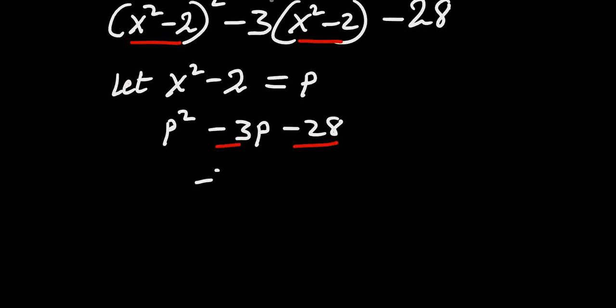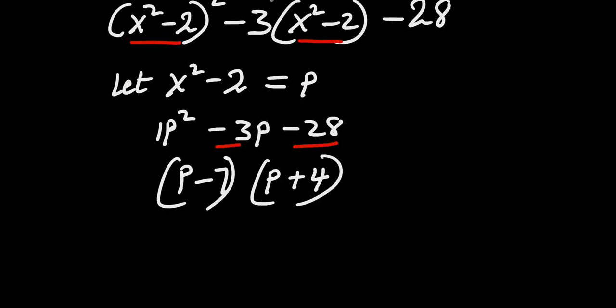Negative 7 and plus 4. So all we have to do, because the coefficient of the leading term, which is p squared, is 1, we can simply add p to this, put it in parentheses, p. Good. So we have successfully factored this quadratic.